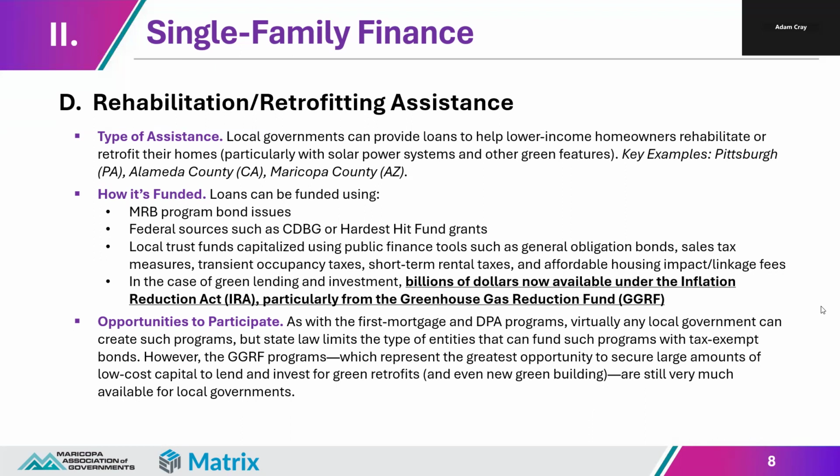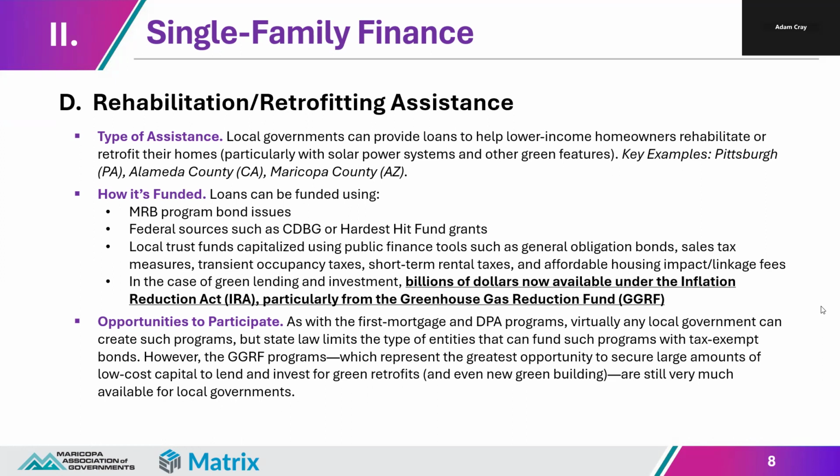Because of, as I mentioned before, the Inflation Reduction Act, there are billions of dollars available right now under its Greenhouse Gas Reduction Fund programs to finance lending and investment programs for all types of retrofitting, new construction, and any number of initiatives that will reduce greenhouse gas emissions.